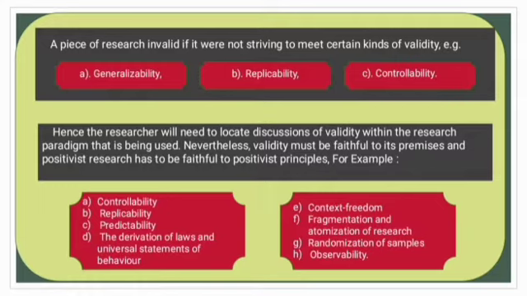e.g., A. Generalizability, B. Replicability, C. Controllability. Hence, the researcher will need to locate the discussion of validity within the research paradigm that is being used. Nevertheless, validity must be faithful to its premises, and positivist research has to be faithful to positivist principles.